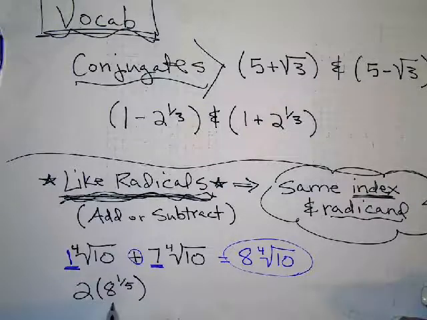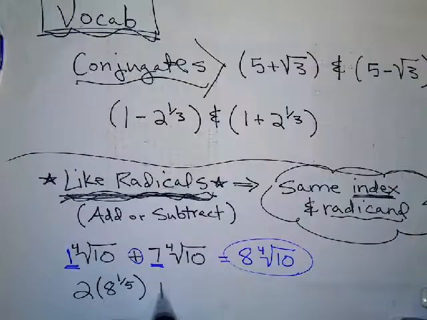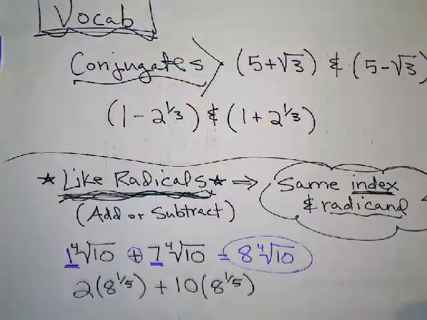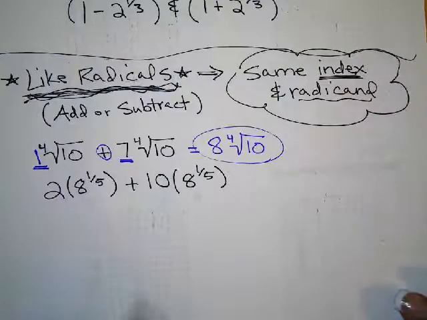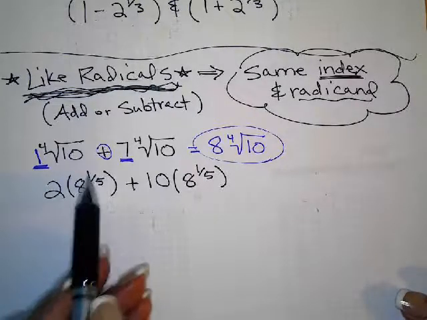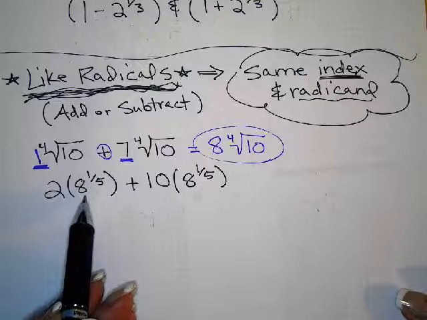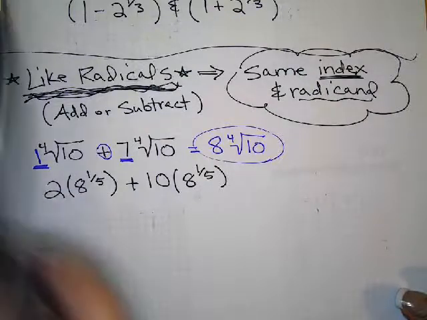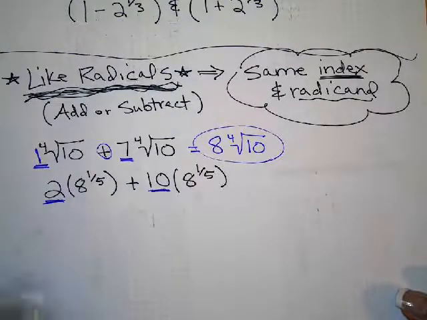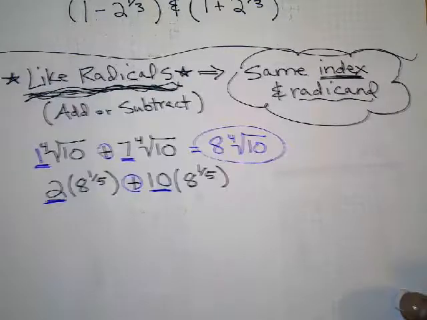So if you see it in rational exponent form, you want to have the same base with the same power. This would be like the index. This is like your radicand. And then if I look at that, I can go ahead and add, and the only thing you add is the numbers out front. Or subtract the numbers out front, but this is an add. So how many 8 to the 1/5 do I have if 2 plus 10? 12.